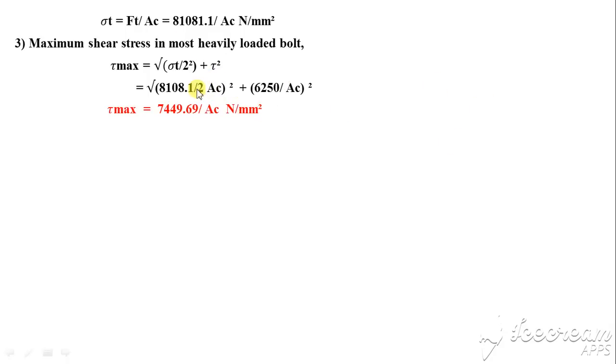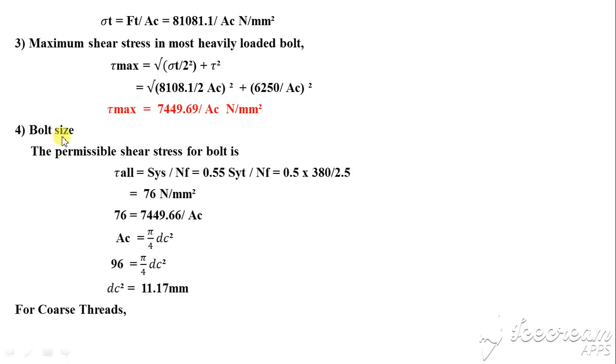In terms of AC, we know both equations, and just by putting the tau max in terms of AC, you can find out the bolt dimension. The allowable shear stress is 0.5 times SYT divided by factor of safety. SYT and factor of safety are given, so you can find out tau allowable.